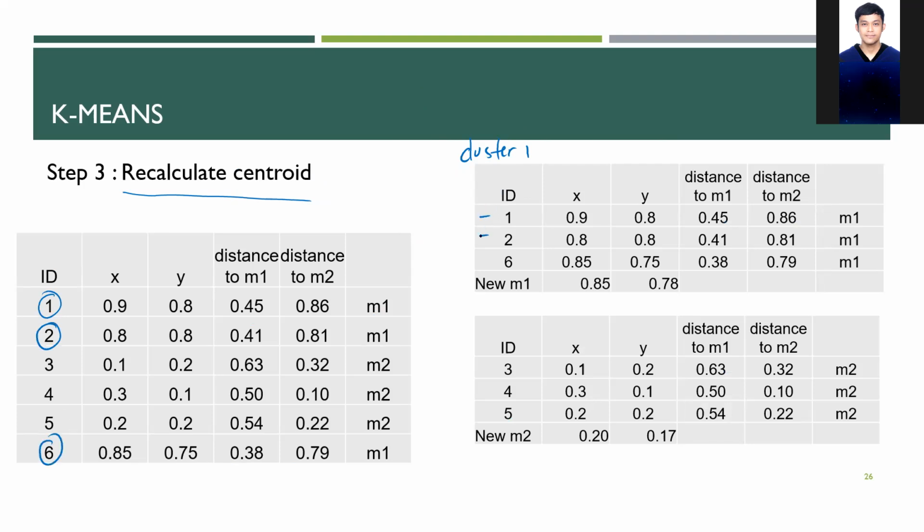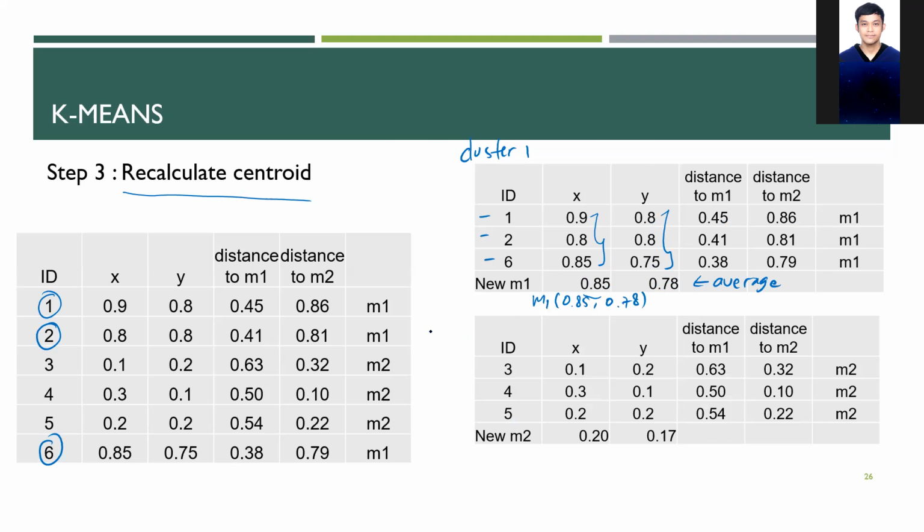This is the first dimension, and this is the second dimension. We just use the average. So 0.78 is the average of 0.8, 0.8, and 0.79, and 0.85 is the average of this. So this is the new centroid for the first cluster: the new centroid 1 is 0.85, 0.78.